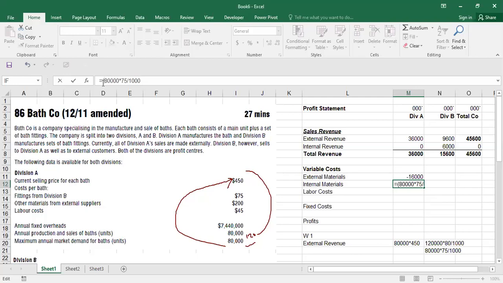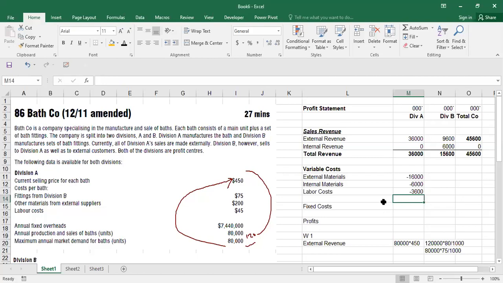So when we make totals, it will not confuse us. So this is the external, internal, and what is the labor cost? Labor cost is again 80,000 units they produce. Each unit is $45 divided by 1,000 into -1. So they've got labor cost as well.